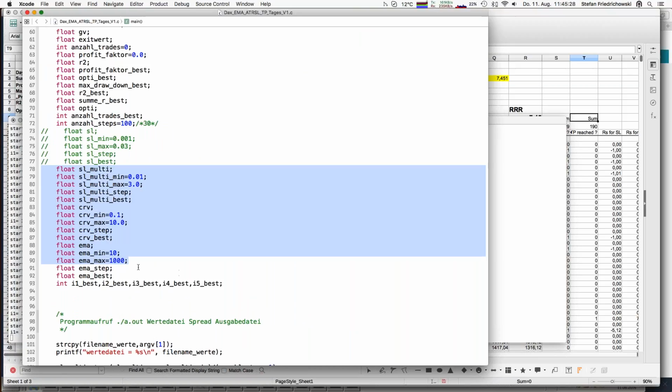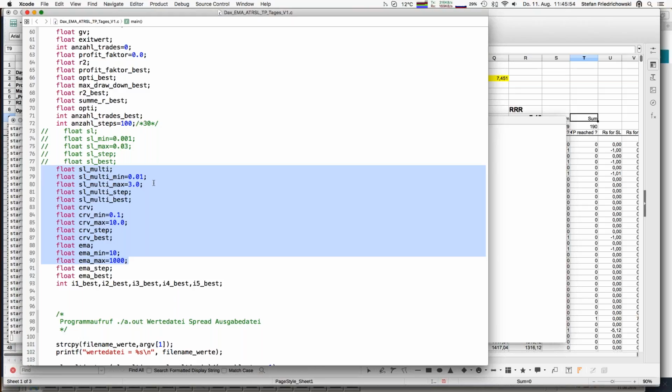In this case, once again, I have EMA periods between 10 and 1000. I have risk reward ratios between 0.1 and 10. And as the ATR multiplier, I use values between more or less 0 and 3.